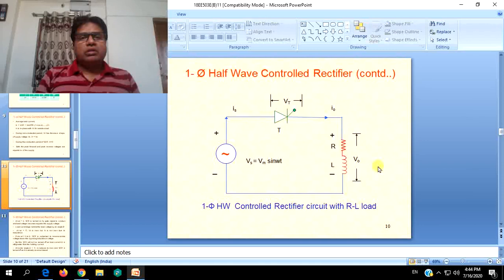The inductive current waveform will always trail the load voltage waveform, with exactly the same sinusoidal shape, but differing in magnitude, as current is voltage divided by the impedance.